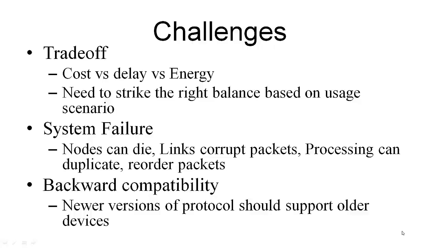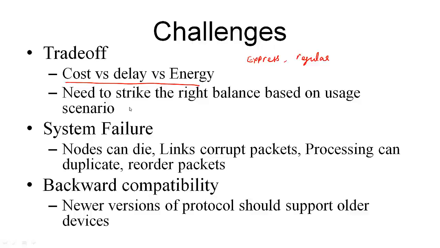Life is full of trade-offs. The hero has to choose between the girl or his parents. Here in computer networks, we choose between either cost or delay or energy. So if you want the fastest service, you should be prepared to pay more. For example, in the postal system, the express mail is going to cost a lot more than the regular mail, but it also delivers the letter the fastest.